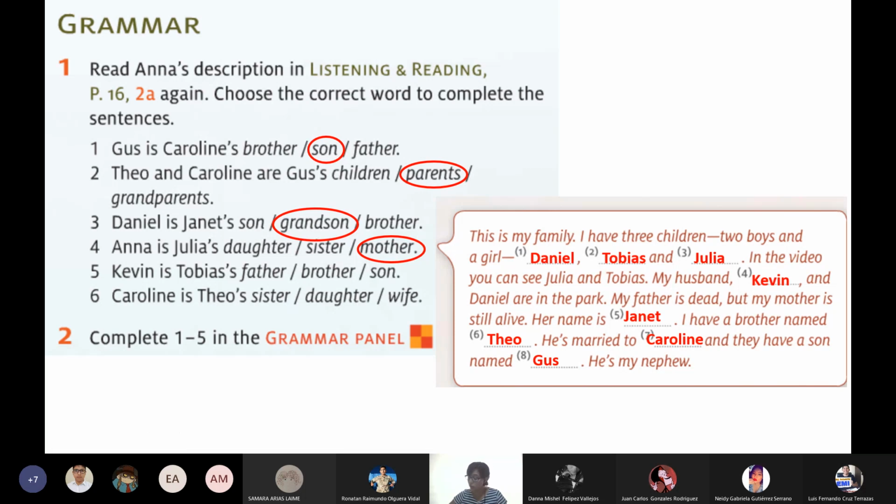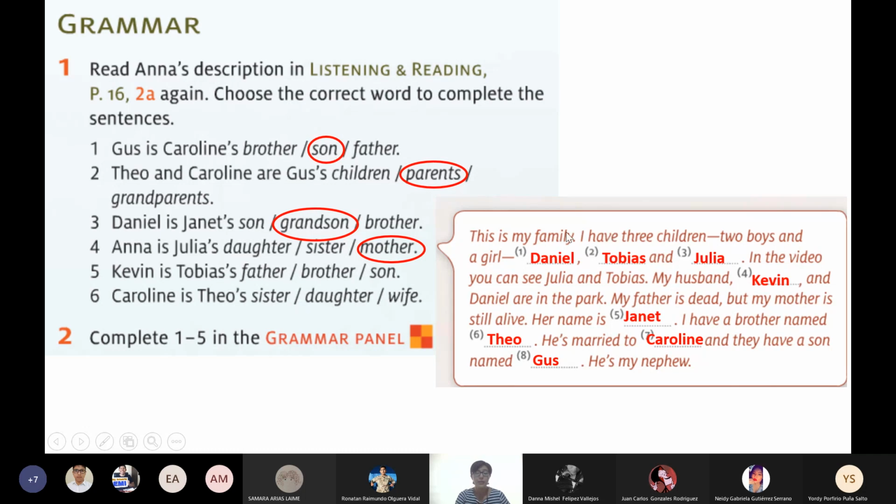What about here, Jordi? Jordi, are you here? Okay. So, Jordi? Number 5. Kevin and Tobias, right? Brothers. Okay, let's read first of all.